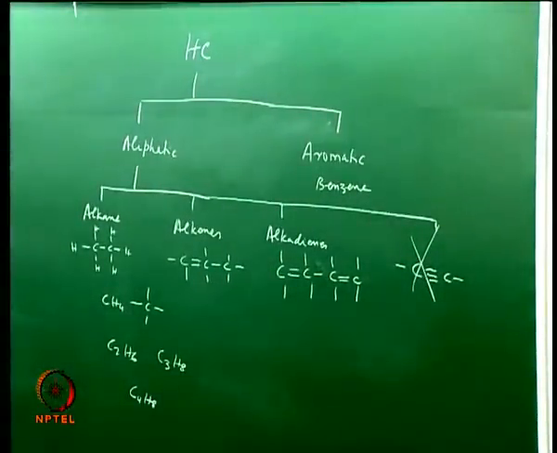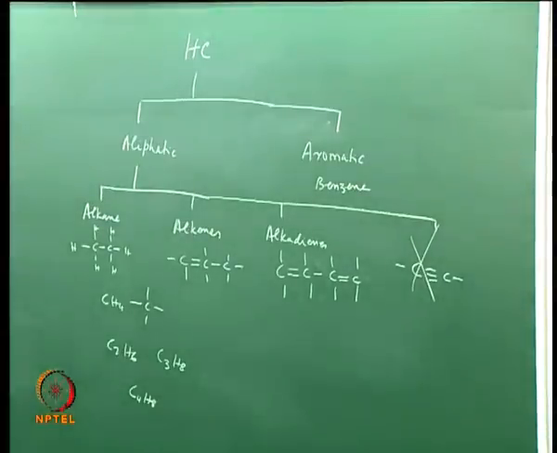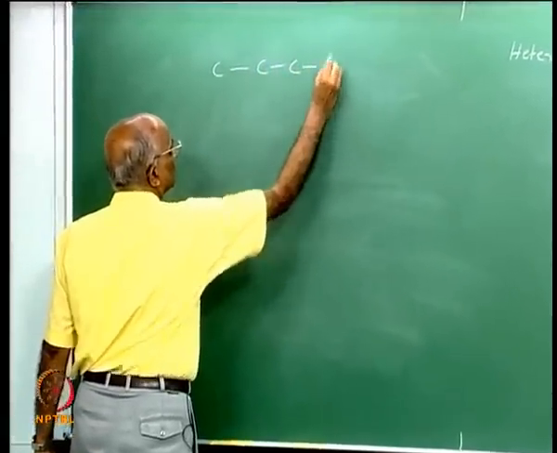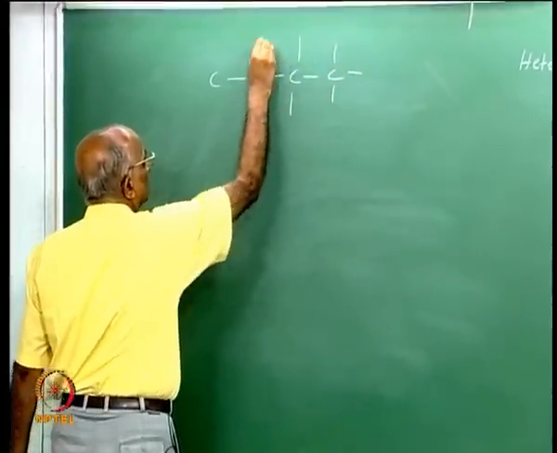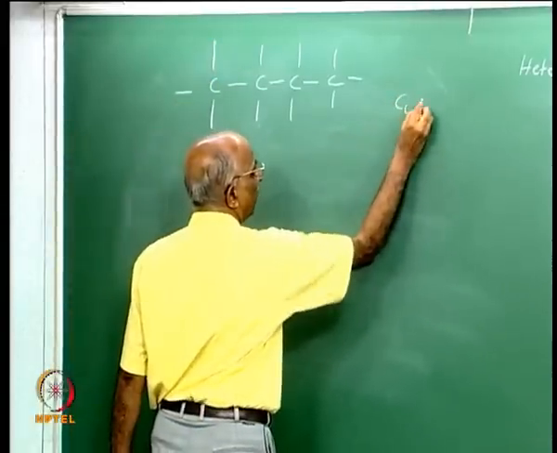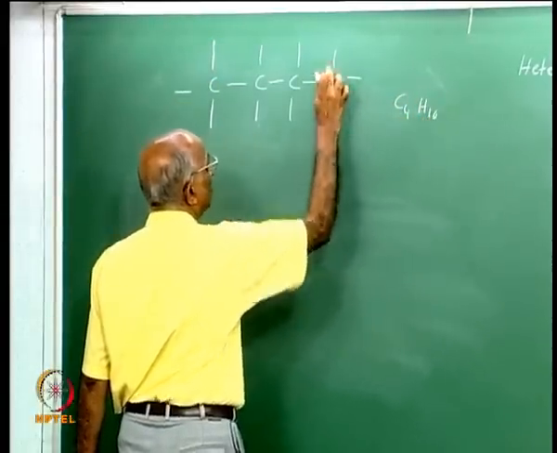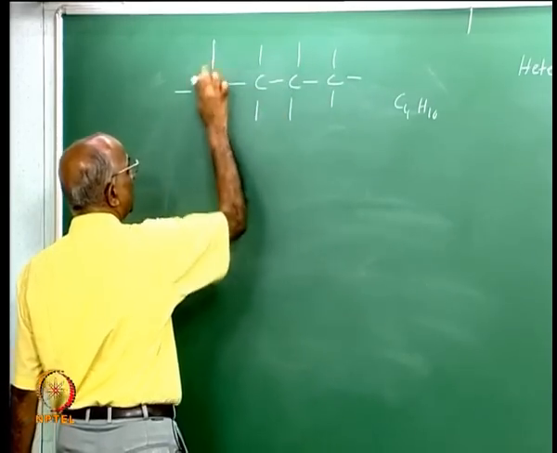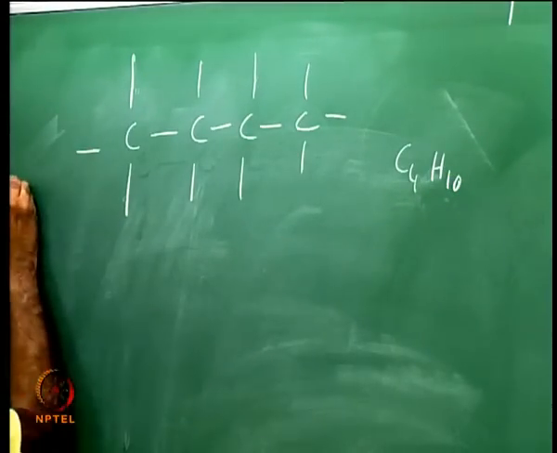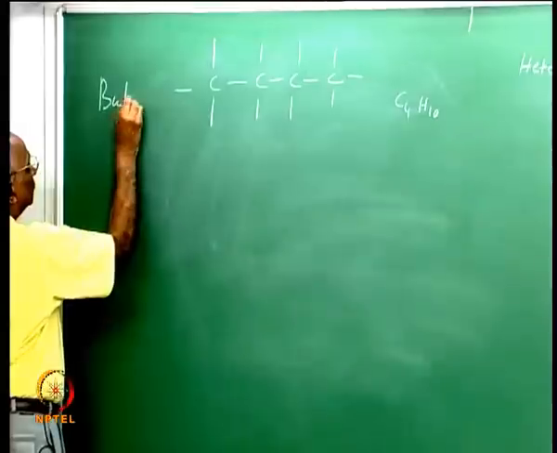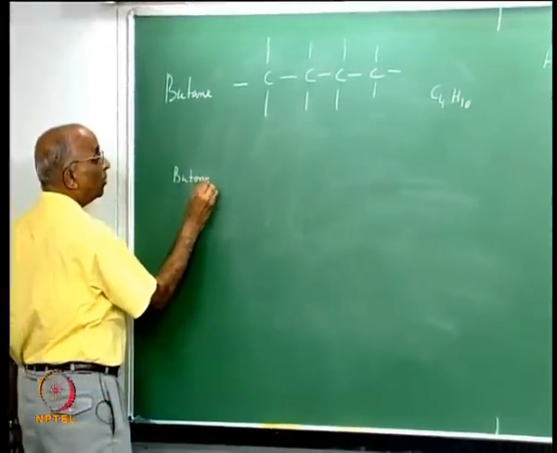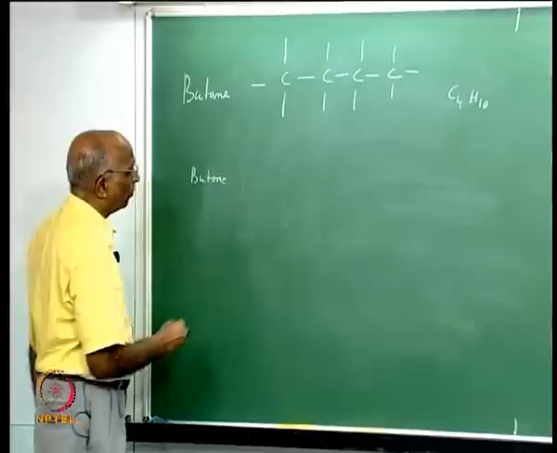We said butane formula is C4H10, 1, 2, 3, 4, 5, 6, 7, 8, 9, 10. The formula is C4H10. This is butane. If I were to talk in terms of butene, mind you, butane is a gas. Let us go to the next form.